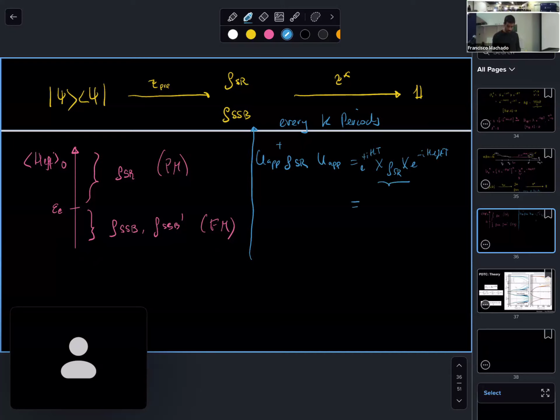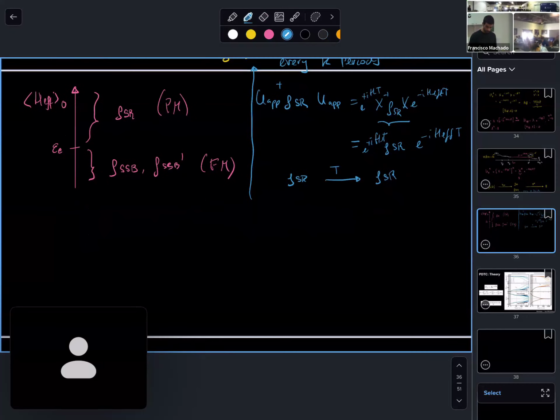And because of the symmetry respecting state, this is going to be itself. Right? And because of the thermal state, it goes back to itself. So if I'm in the symmetry respecting state, every period I'm just going to go to the symmetry respecting state again.